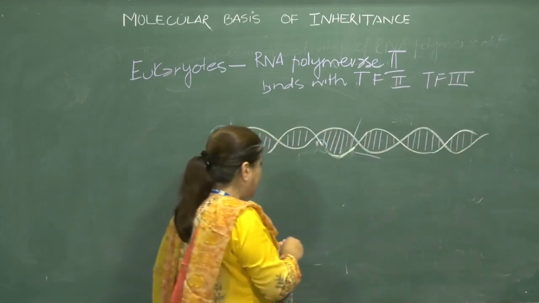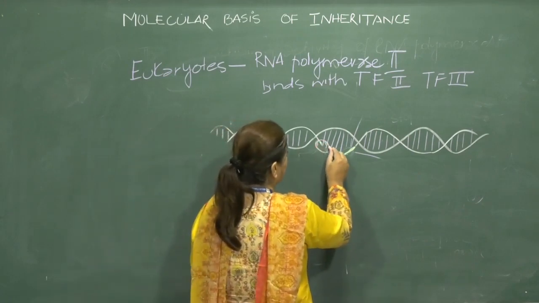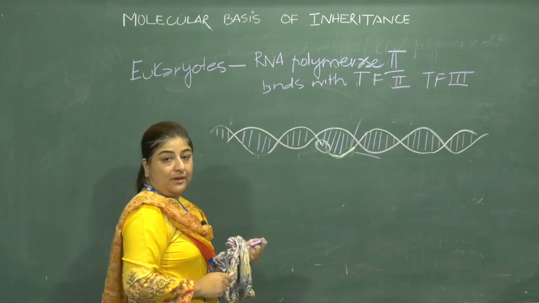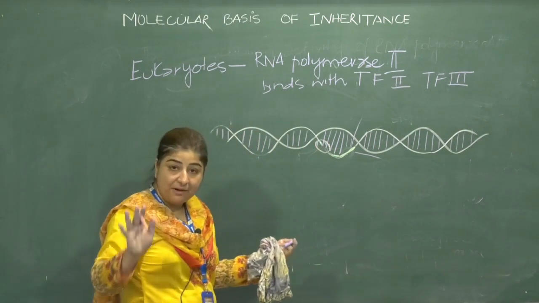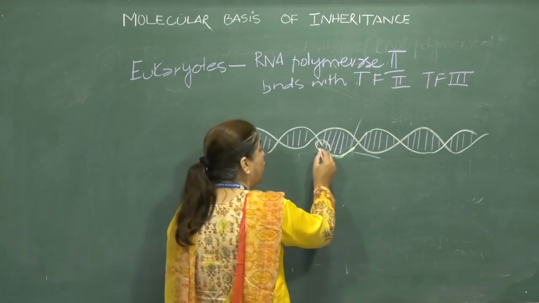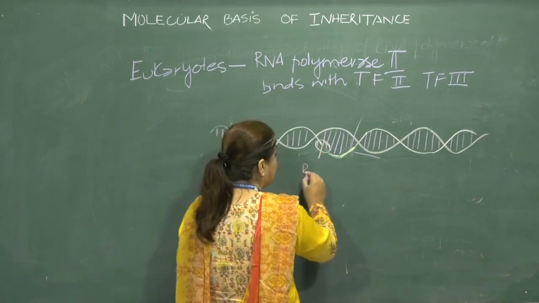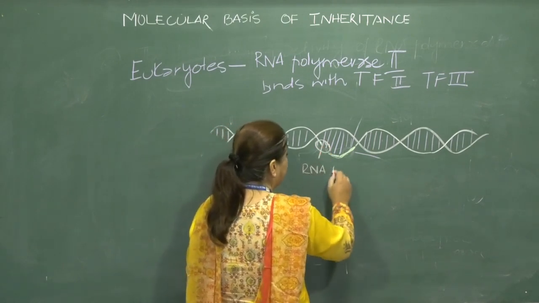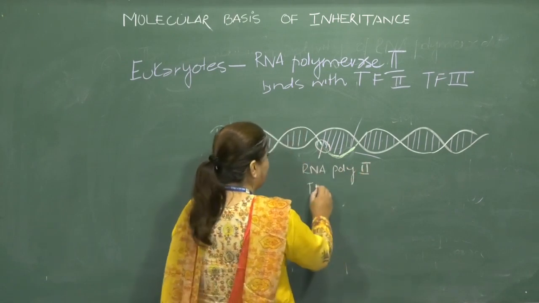So here once again, this is the RNA polymerase in case of eukaryotes, and sigma factor is not required, sigma factor is absent in eukaryotes. So here you have RNA polymerase 2 plus transcription factors.